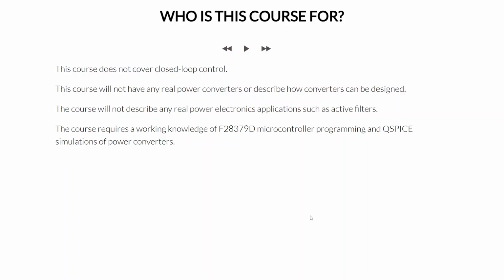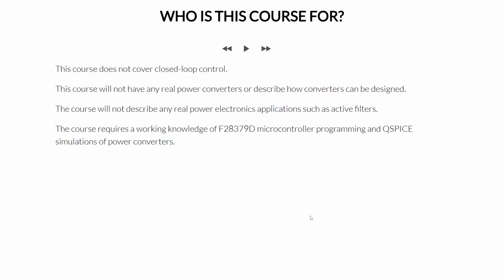Next, this course will not have any real power converters, nor will I describe how power converters can be designed. If you're looking for a real application course where you are talking about an actual power converter in an application and how that converter is going to be designed with respect to the rest of the application, then again, this course is not for you.